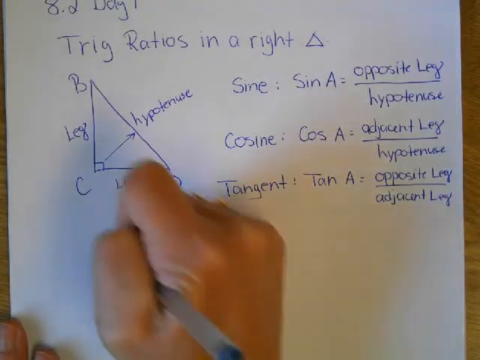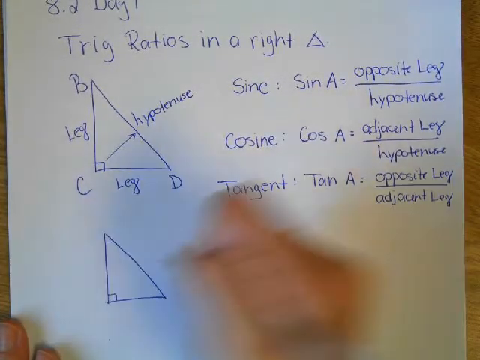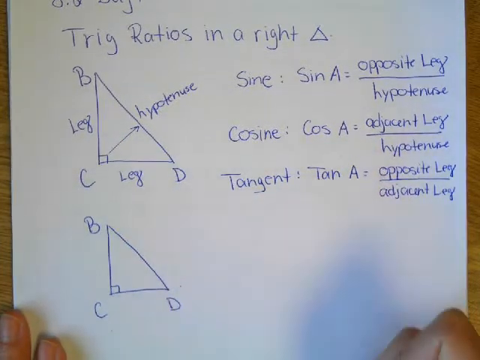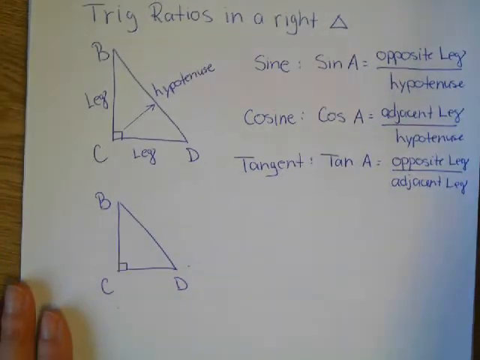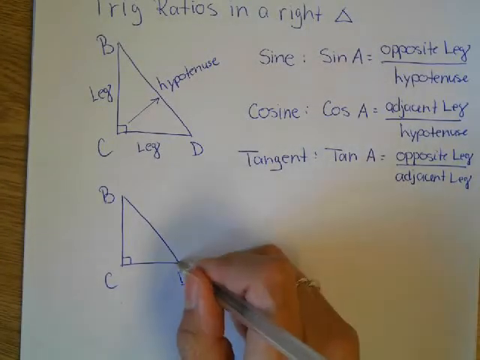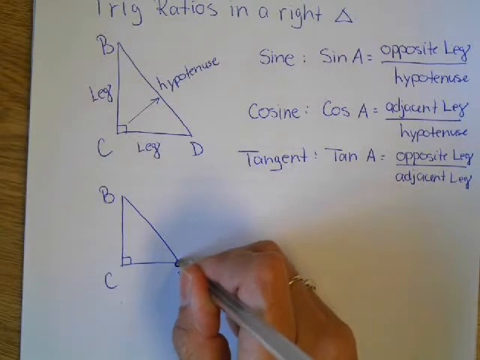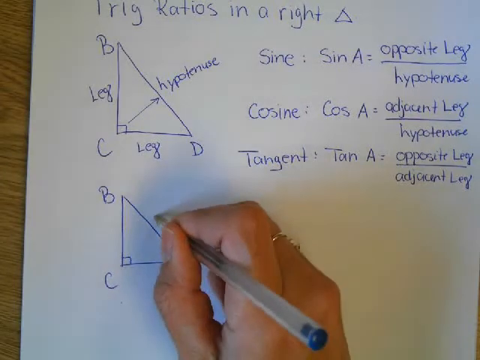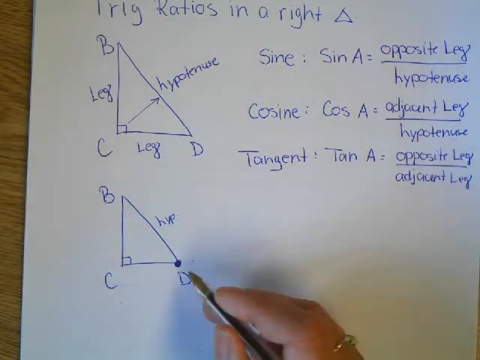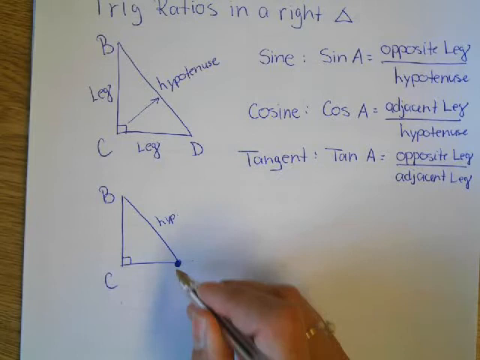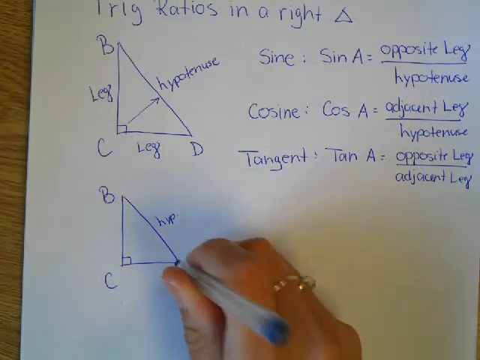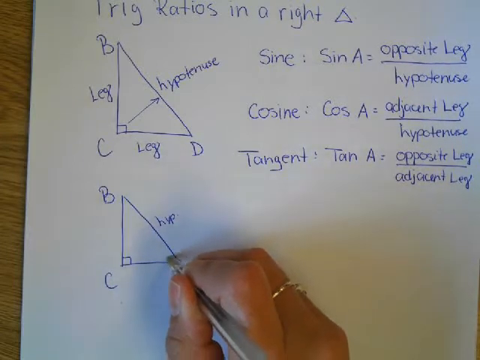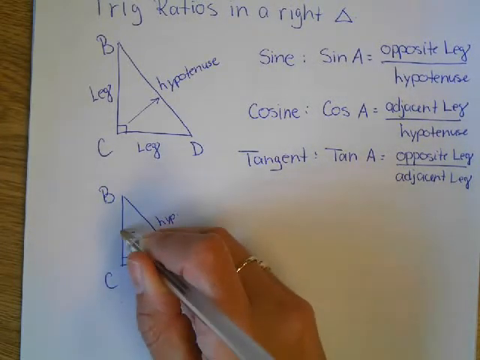If we take the triangle from above, triangle BCD, and like I said, we can have our reference angle be either of the 2 acute angles. So if I am standing on angle D, the hypotenuse is always the hypotenuse, across from the 90. That doesn't move. But opposite and adjacent do move around. So opposite leg will be the leg, if I'm standing at D, when I look across the triangle, the one that's opposite from me will be this one.